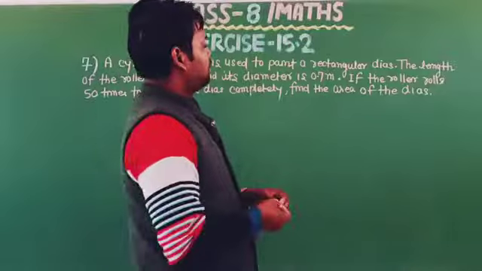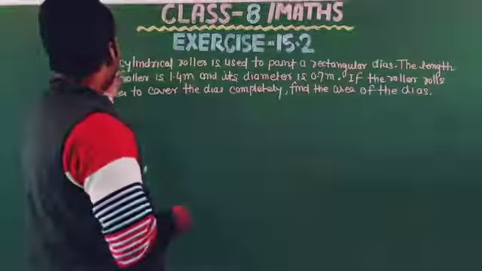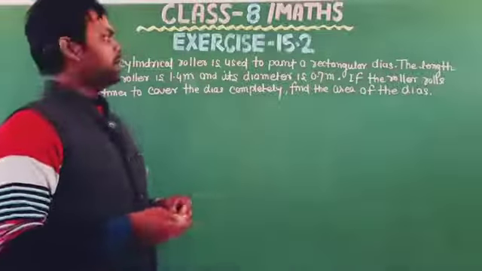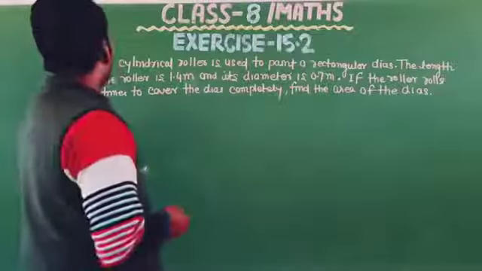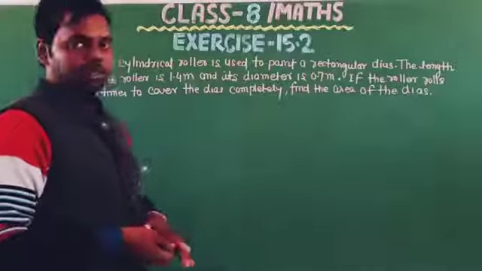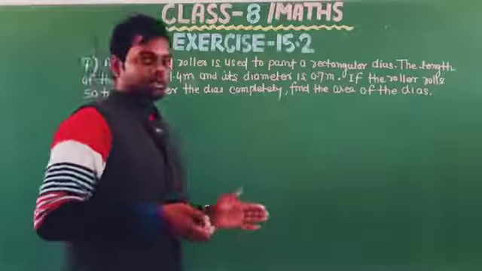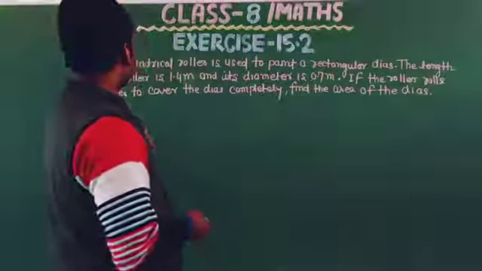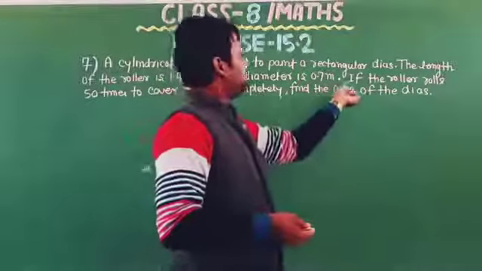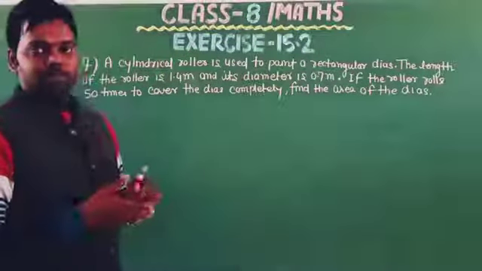Okay. So dear children, basically in this question we have a cylindrical roller used to paint a rectangular dash. The length of the roller is 1.4 meter, this is given to us, and its diameter is 0.7 meter. We have to find the area of the dash if the roller rolls 50 times to cover the dash completely.